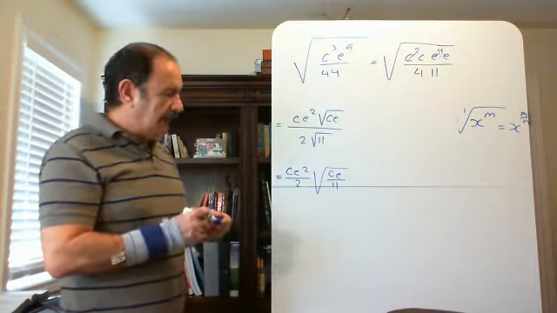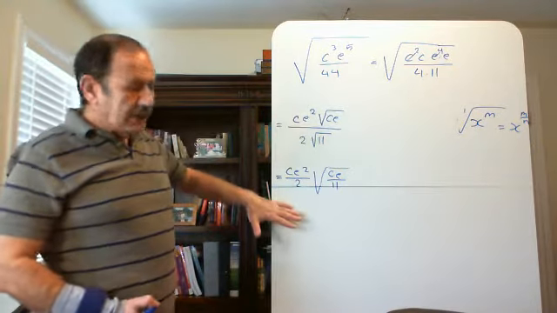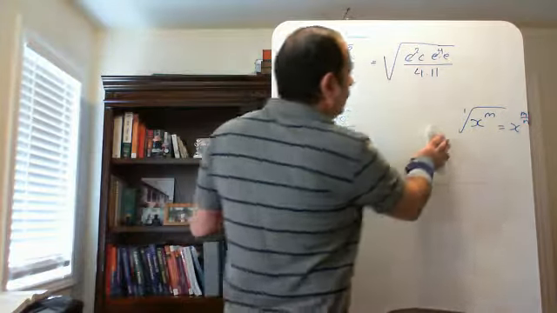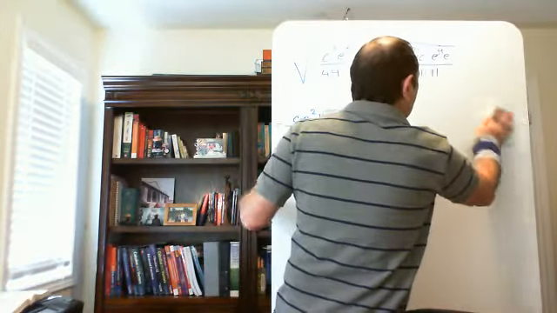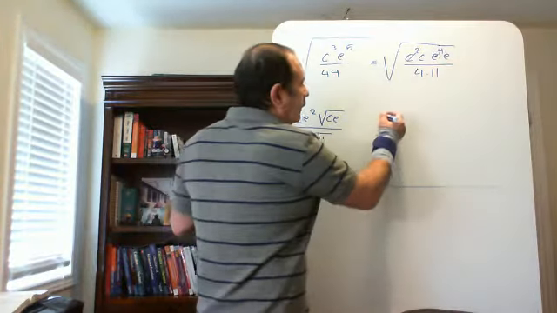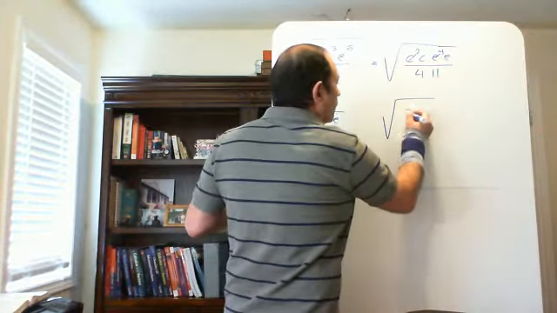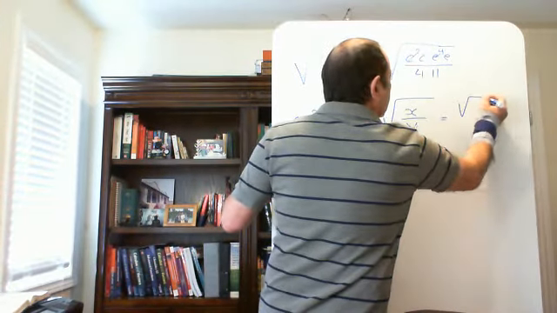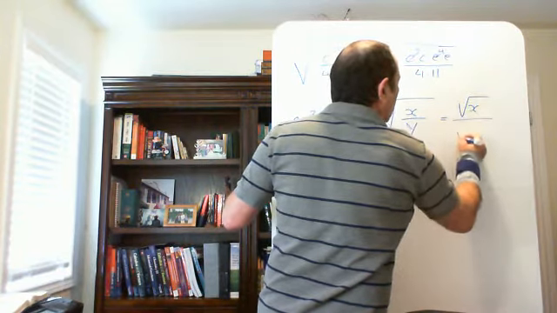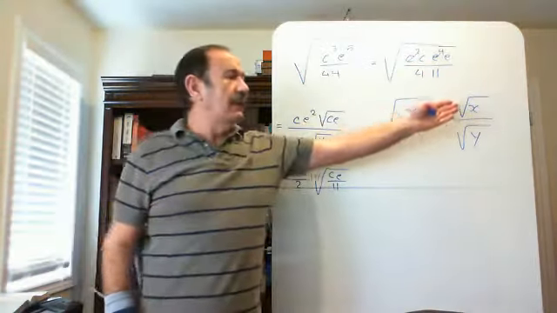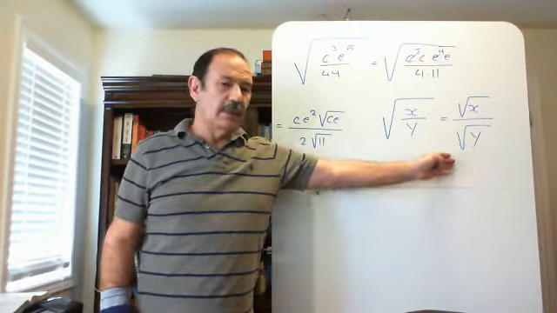This is another way of simplifying the radicals. Now, I just wanted to explain this formula. Radical x over y, we can write it as radical x over radical y.